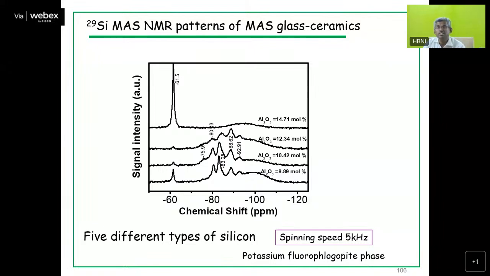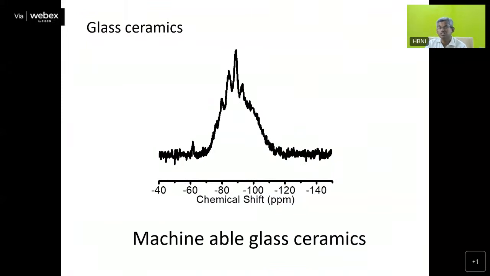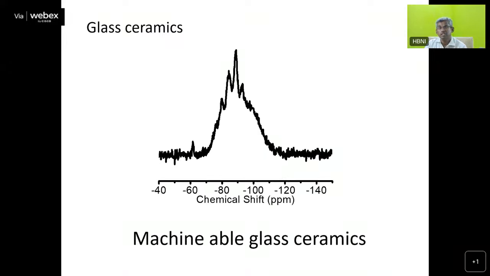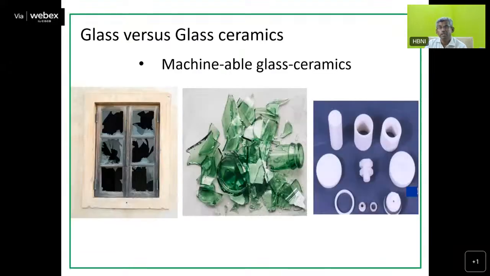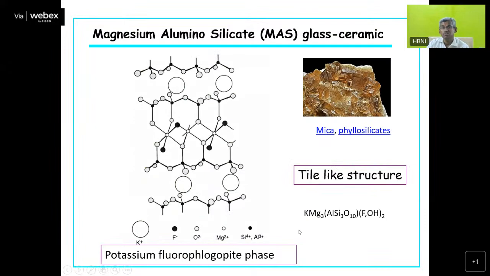The presence of this layered structure is extremely important for predicting the machinability of the glass. That is why we investigated this magnesium glass ceramics. This is a study which was carried out in ARC only. This magnesium aluminosilicate glass is very widely used for making machinable glass ceramics. In that glass ceramic, there is a compound called potassium fluorophlogopite, which has a mica-like structure. Mica is nothing but tiles.